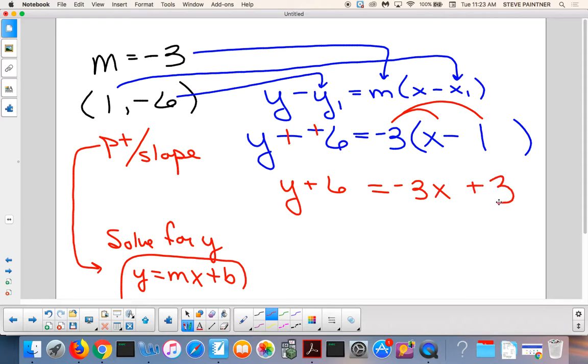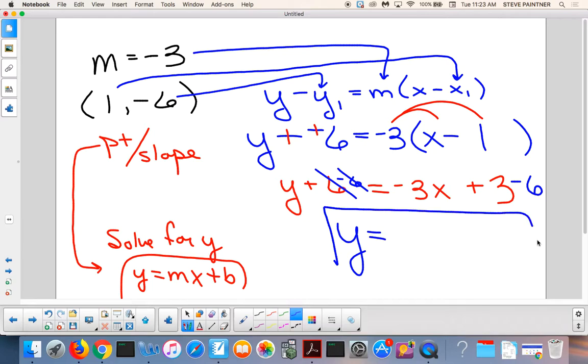All right, then the last, number 4 says, get y alone or solve for y. Subtract 6. Y equals -3x plus 3 minus 6. Can I just write -3? Okay, -3. Got it.